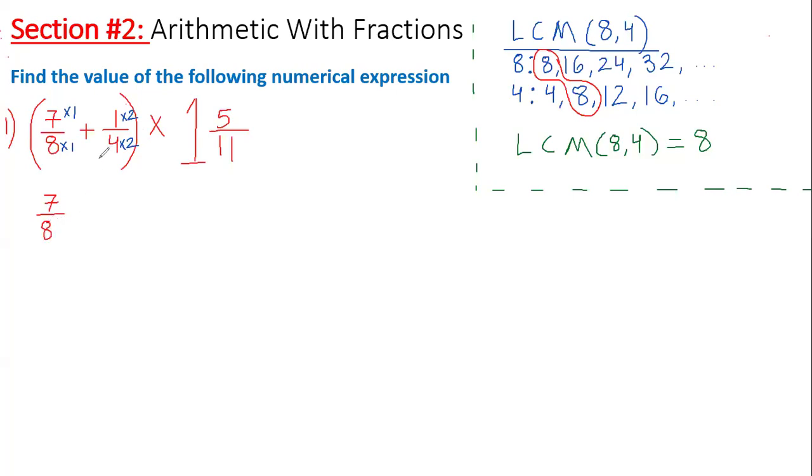Plus 1 times 2 is what? 2. 4 times 2 is what? 8. Very good. We close this. Now I remember: if both denominators are the same, then they stay the same. So you add 7 plus 2, that gives you 9. So you'll be left with 9 over 8.